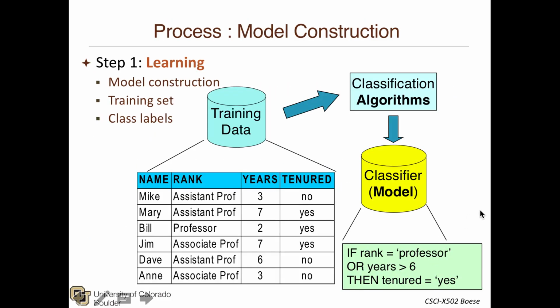So the process for creating our model, step one is to do the learning. We want to take our data set and we want to separate a training set and a test set. So we want some of the data that we have to be able to use and pretend like it's new data coming in, run the model on it, and then determine how accurate our model actually is with this other test set.